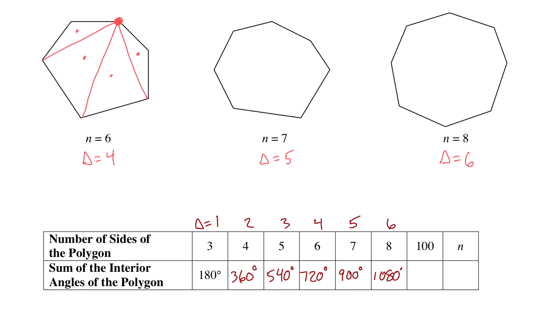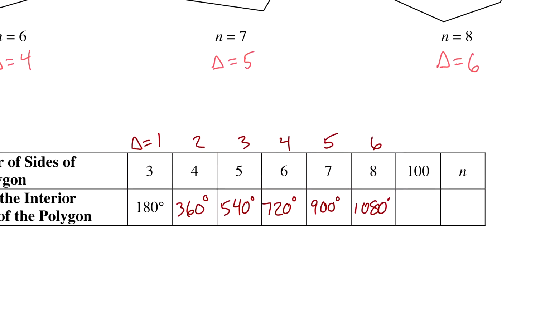You'll notice we do not have a picture for 100 sides. Should we draw it? Do we need to draw it? The question I'm going to ask you is, how many triangles is a hundredgon going to have? If you said 98, you'd be correct.